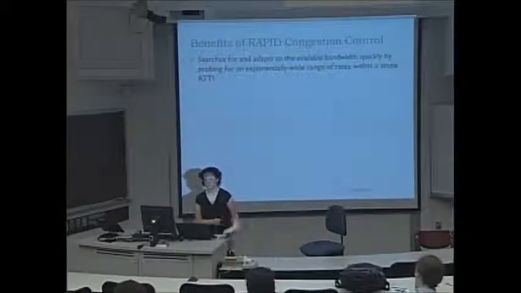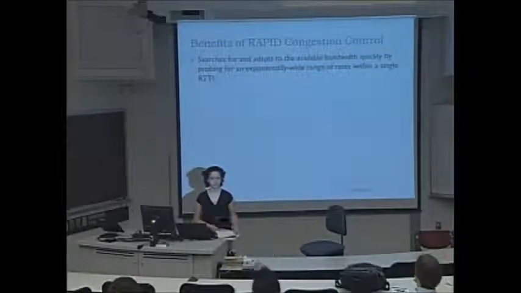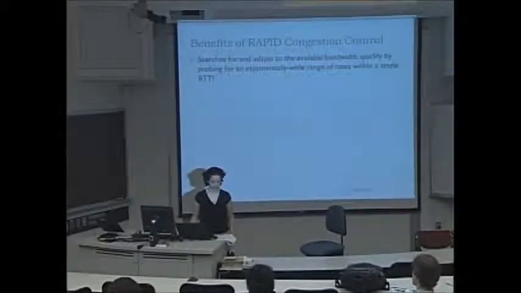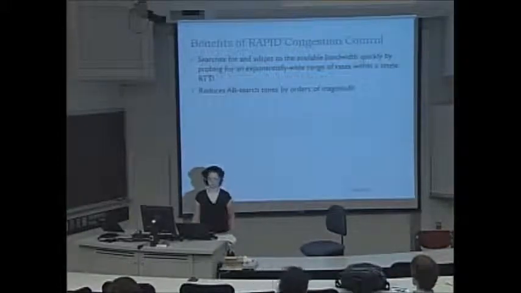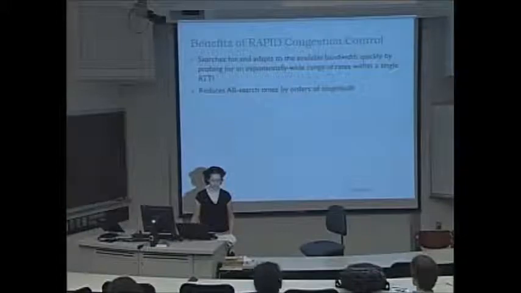So the benefits of Rapid Congestion Control Protocol: it is obviously radically different. Unlike other protocols, it can search for and adapt to a variety of rates within a single RTT. It reduces the available bandwidth search time by orders of magnitude. From when beginning to send, it can converge upon the available bandwidth within 4 RTTs versus 12,000.